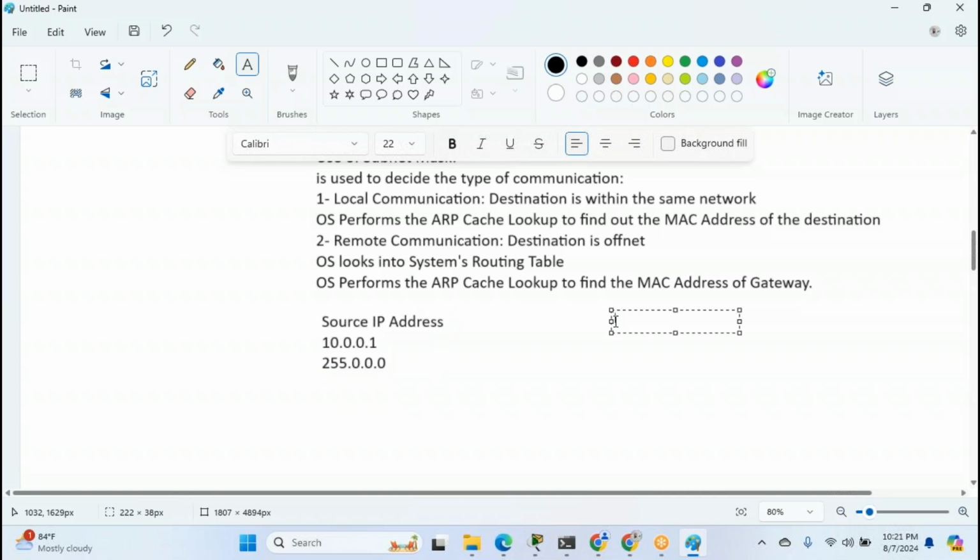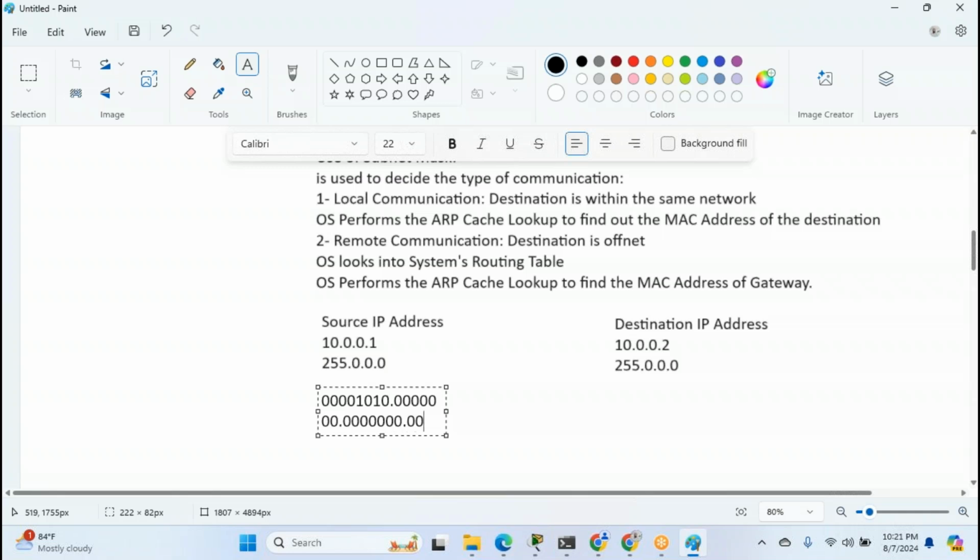Then we have a destination IP address, 10.0.0.2. We write these down in binary. For 10: 128, 64, 32, 16, 8, 4, 2, 1. Each octet has 8 bits. So this is your 10.0.0.1 in binary.